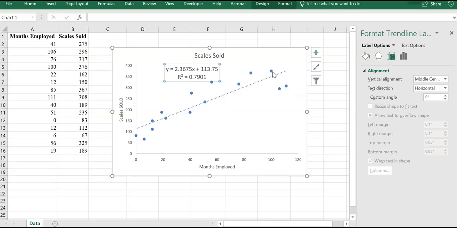Because residual, remember, is the distance between y and y hat. Residual for this one is negative, for this one is positive, positive, positive. So for most points in the middle range, the residual is positive.